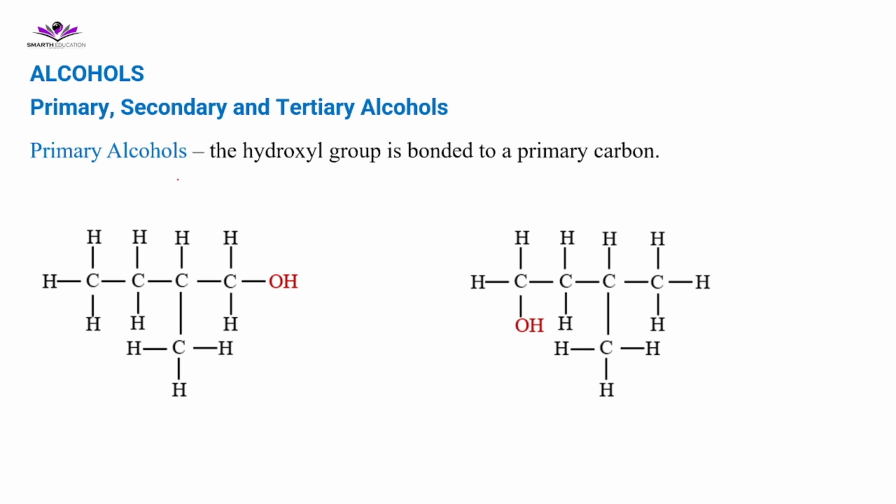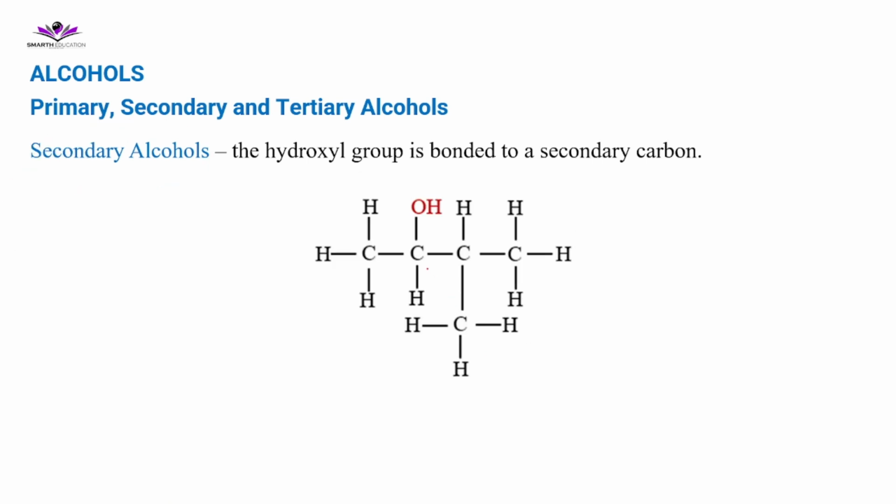So we say that in primary alcohols, the hydroxyl group is bonded to a primary carbon. Like these two here. We have hydroxyl groups bonded to the primary carbons. It's called butan-1-ol. This carbon is a primary carbon because it is attached to one other carbon. This one also is a primary carbon because it is attached to one other carbon. So since the hydroxyl groups are attached to primary carbons, then this alcohol is called a primary alcohol. And then secondary alcohols, that's where we have the hydroxyl group attached to a secondary carbon like this.